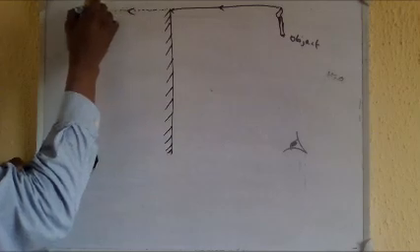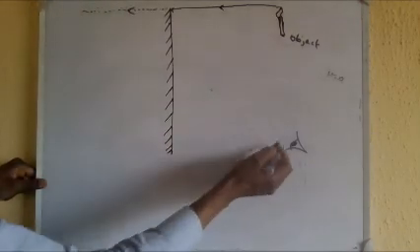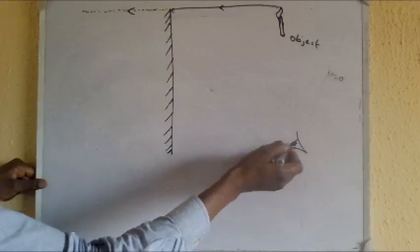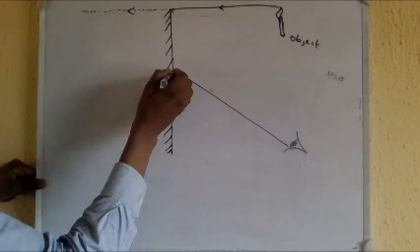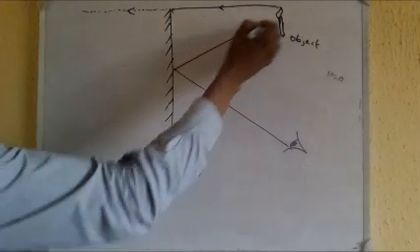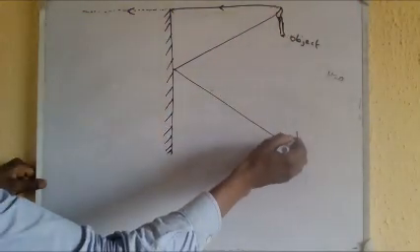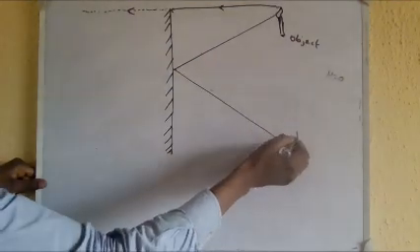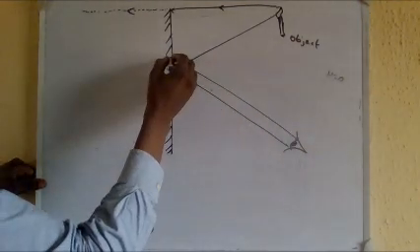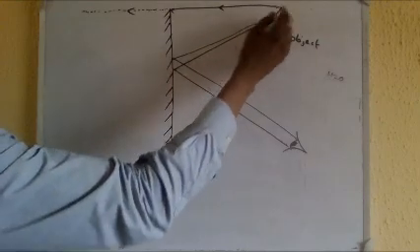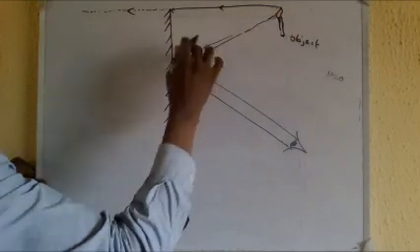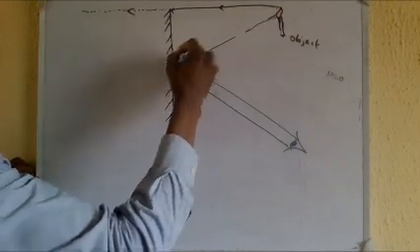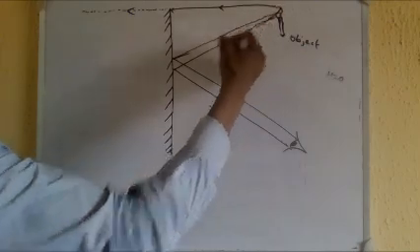Meanwhile, the ray to the eye comes like this and is reflected like this. This one too comes like this and is reflected like this.